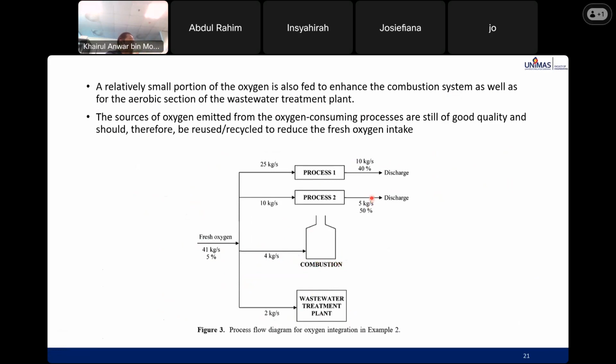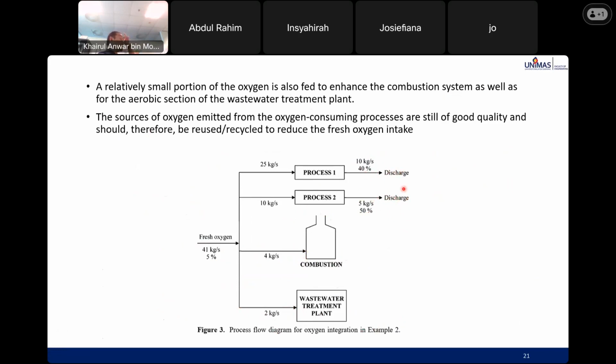process. From the process here, see, 10 kilogram per second with 40% impurities is discharged. This one is 5 kilogram per second with 50% impurities discharged. It should be recycled back to combustion and wastewater treatment plant, while some of it goes for discharge.